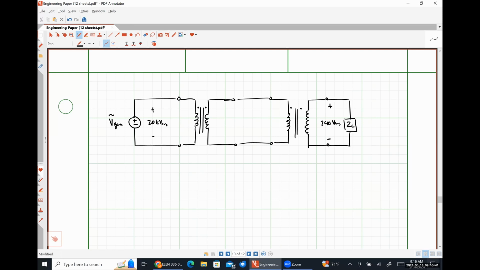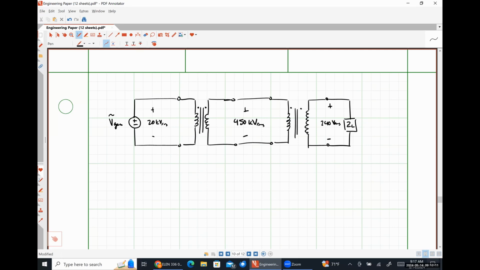Typically, we step that 20 kilovolts up very significantly, depending on how far we're sending it. This could literally be on the order of 450 kilovolts RMS, like the power lines going between Monroe and Vicksburg.